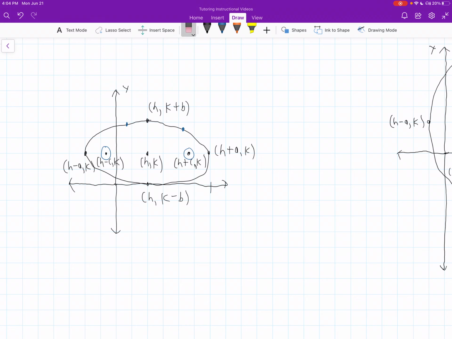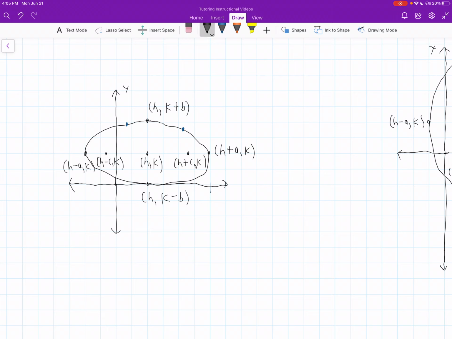So you might know what I'm talking about. If not, don't worry, because I'm going to be working with them. I want to discuss how to find a formula to calculate what the foci points are, and we use this fact of how they're defined, that the sum of the distances remains constant. So notice here, let's pick the point (h plus a, k), and I want to find the sum of the distances from that point to both of the foci points.